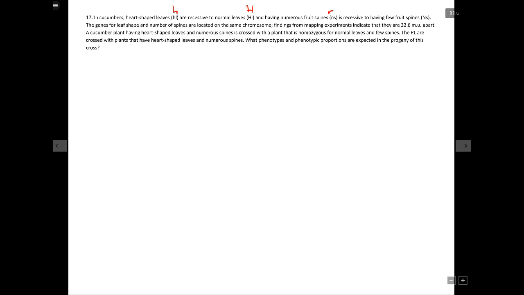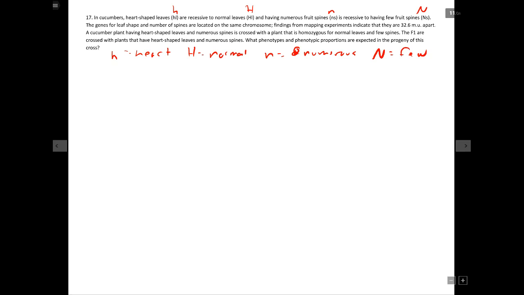So little n is numerous, big N is few. So little h is heart-shaped, big H is normal, little n is numerous, and big N is few. All right, so whatever all that means.